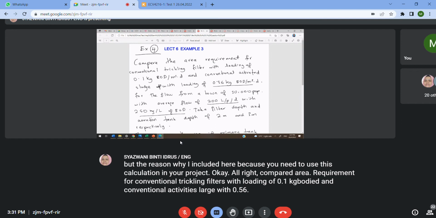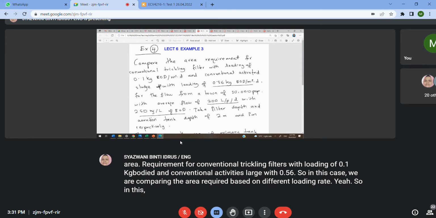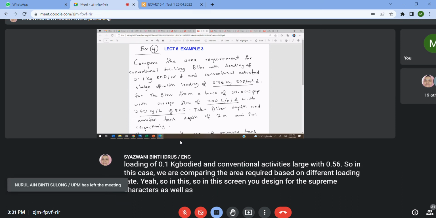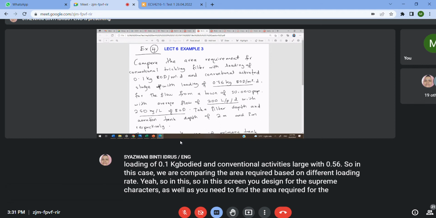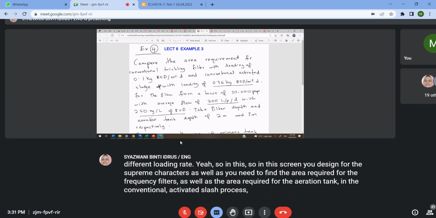So in this case, we are comparing the area required based on different loading rates. In this question, you need to find the area required for the trickling filters as well as the area required for the aeration tank in the conventional activated sludge process.